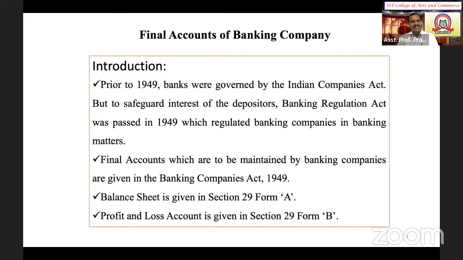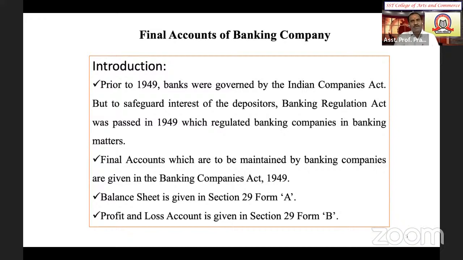As per the Banking Companies Act 1949, under section 29, Form A represents the balance sheet, and section 29, Form B represents the profit and loss account.